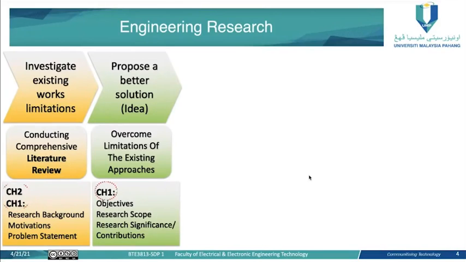These are the 3 elements, the rest of the components of chapter 1 that you need to highlight. You come out with an objective to solve the problem that you already highlighted in the first part, the research scope, which totally depends on your objective, and the research significance and contribution, which also depends on the contributions of your work when you solve these problems.